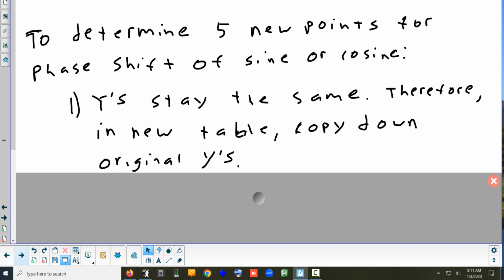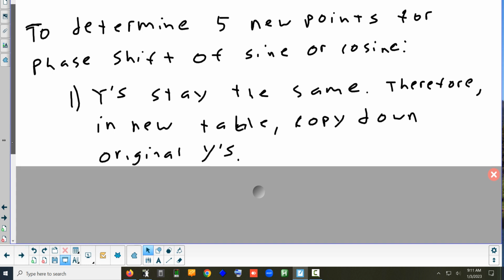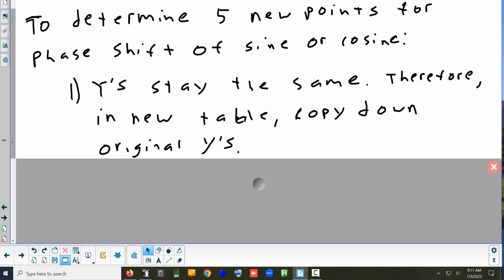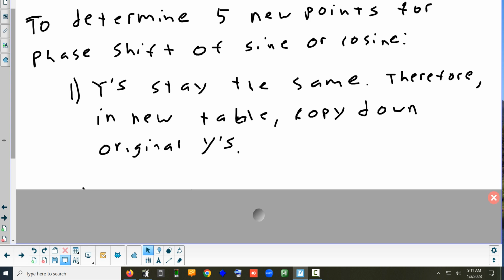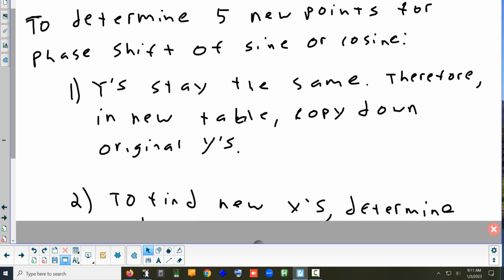When you shift left and right, you're not changing anything up or down. Well, if the y's are going to stay the same this time, then that means the x's are going to change.